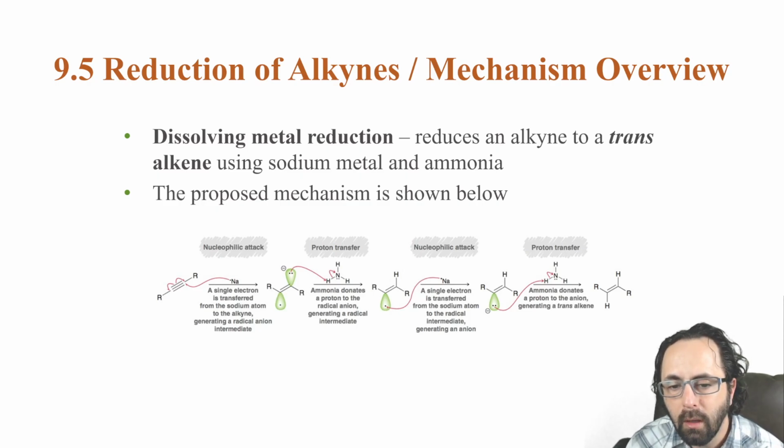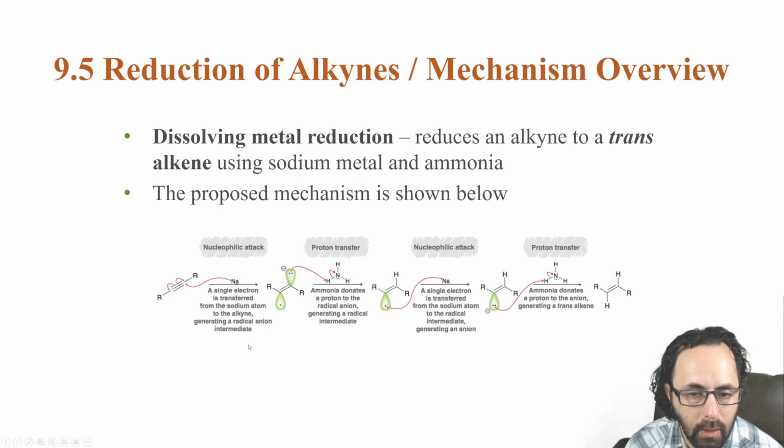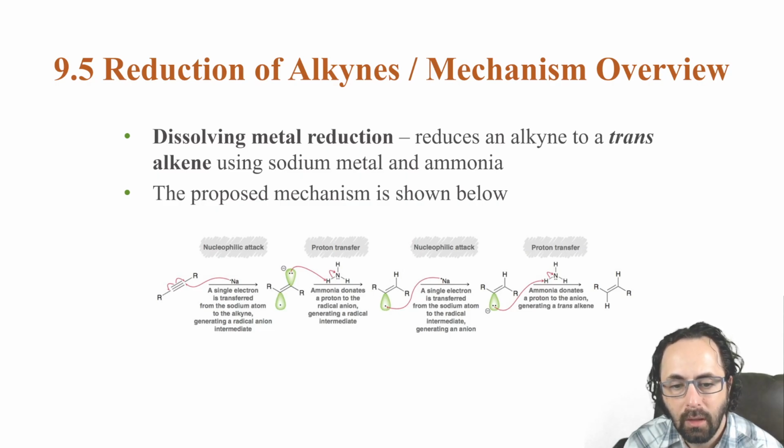So when it comes to reducing an alkyne or adding hydrogen atoms to it, this can be done in a syn fashion, and this can be done by a soft hydrogenation. H2 would actually completely hydrogenate it. But if we want to do an anti-addition, we would want to use the so-called dissolved metal reduction reaction.